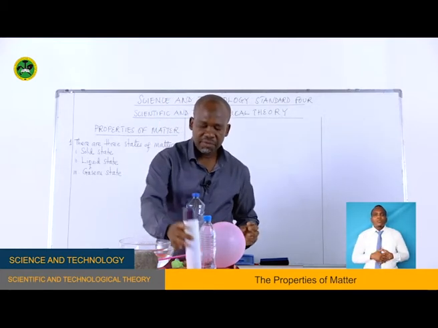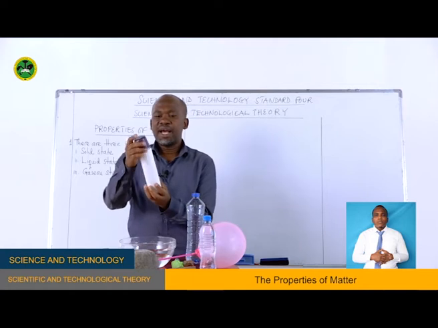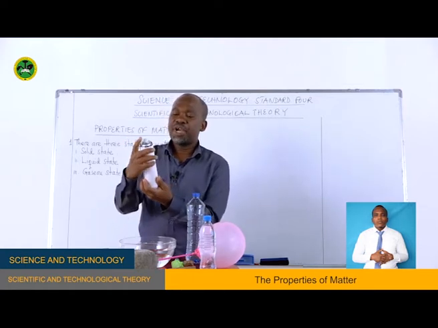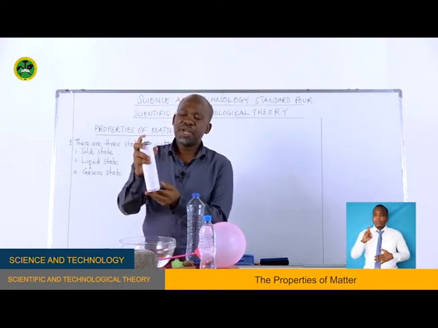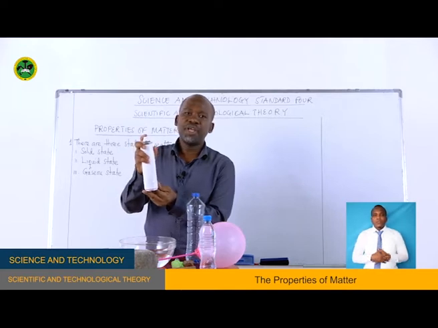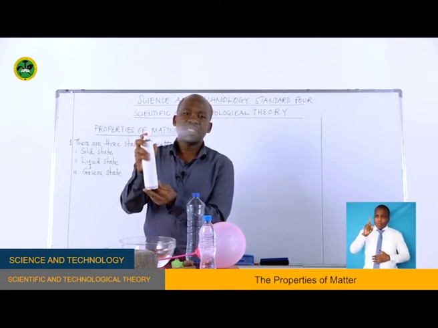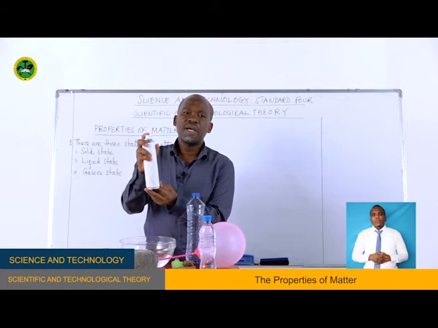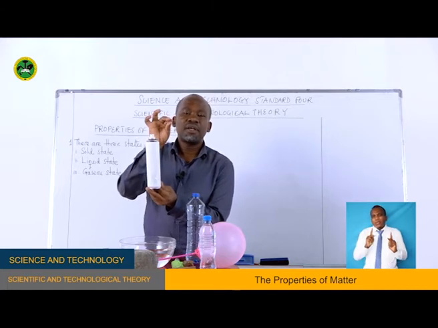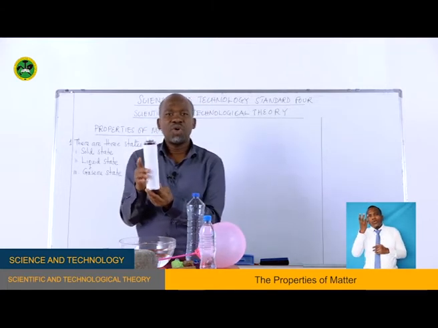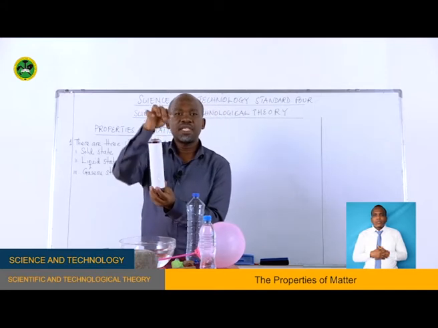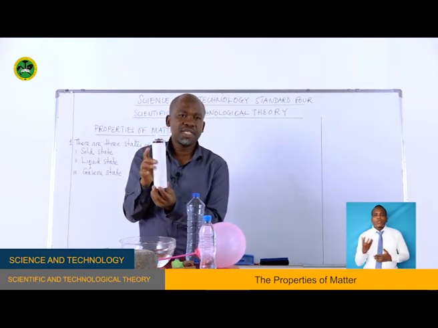Also, I have a spray here. This spray, if I spray, you can find something like smoke or steam. This is an example of a gaseous state.